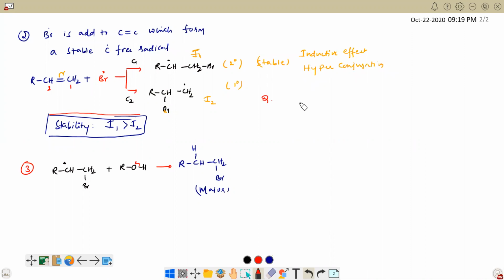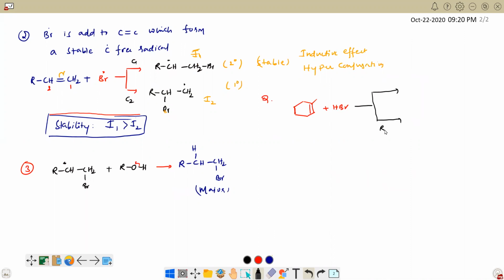So here I'm going to give some examples. I take cyclohexene plus HBr. I'm giving two conditions: one without peroxide and one with peroxide.